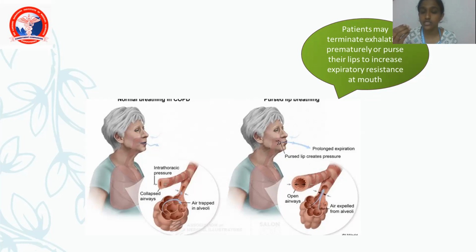When expiration is prolonged, we have time to exhale fully, so there won't be air trapped at the end of expiration. Similarly, the pressure created at the level of the mouth will help in maintaining an open airway throughout the expiration process. Because of that open airway, the air will be expelled from the alveoli.